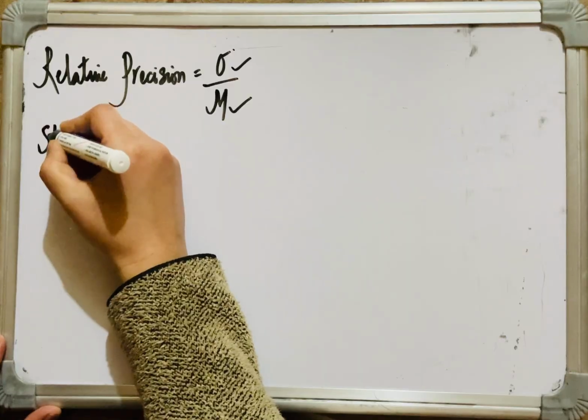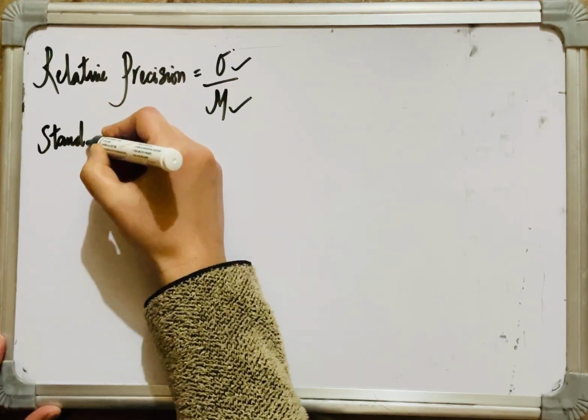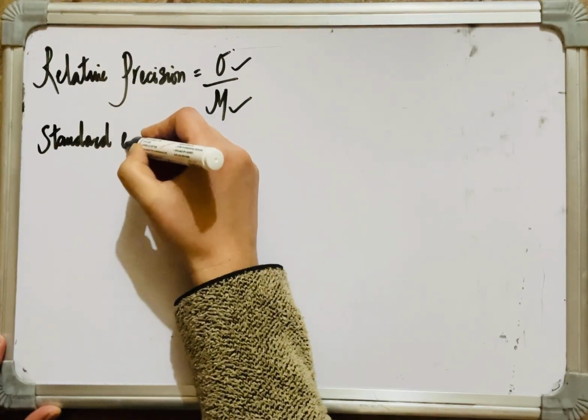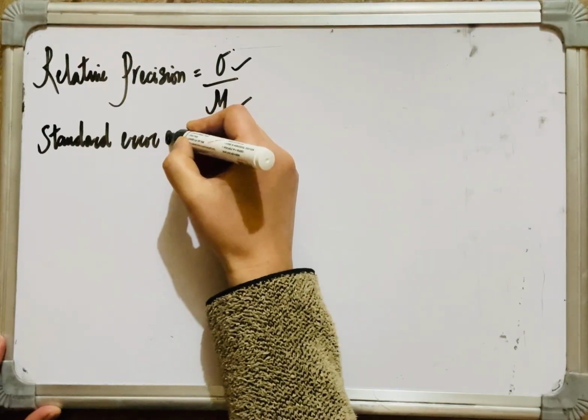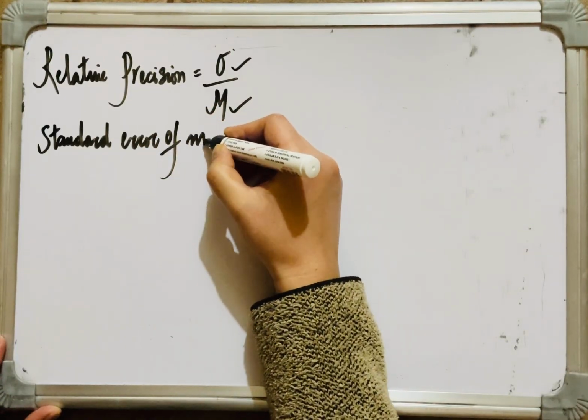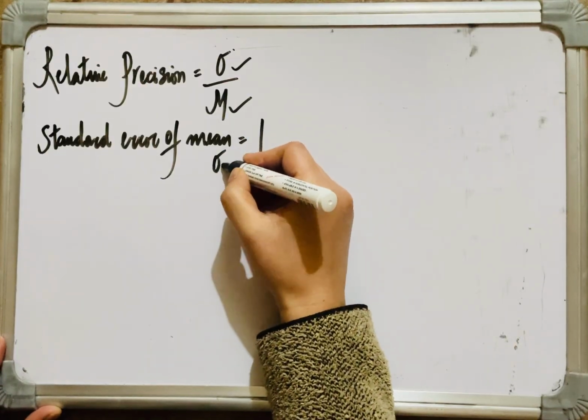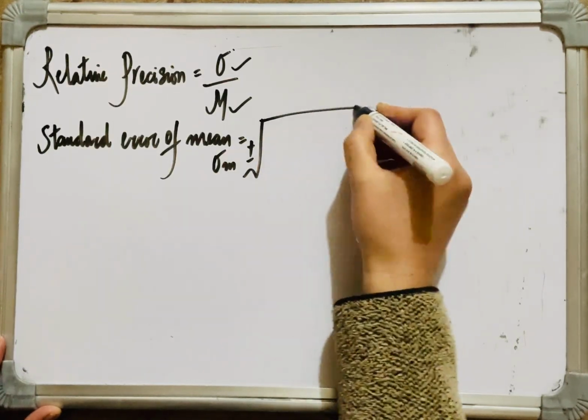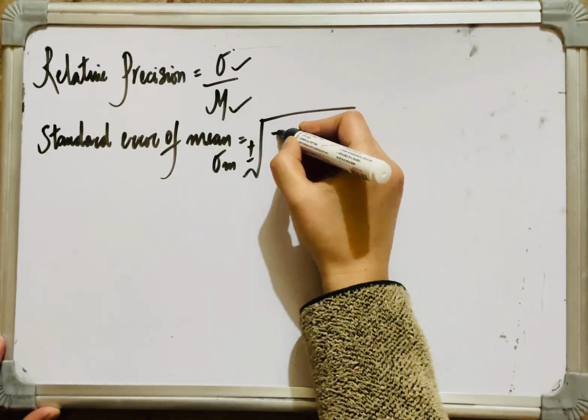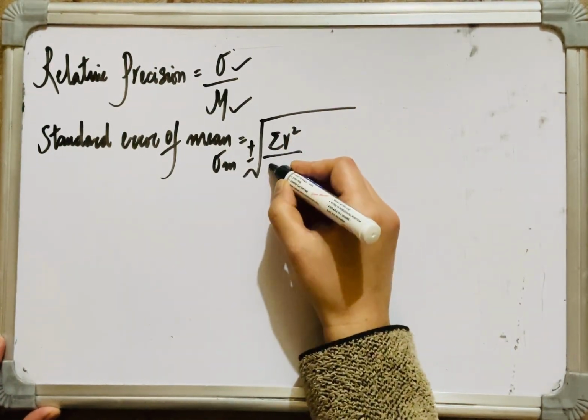So standard error of the mean is given by sigma m, and it's equal to plus minus the square root of summation of v square divided by n into n minus 1.